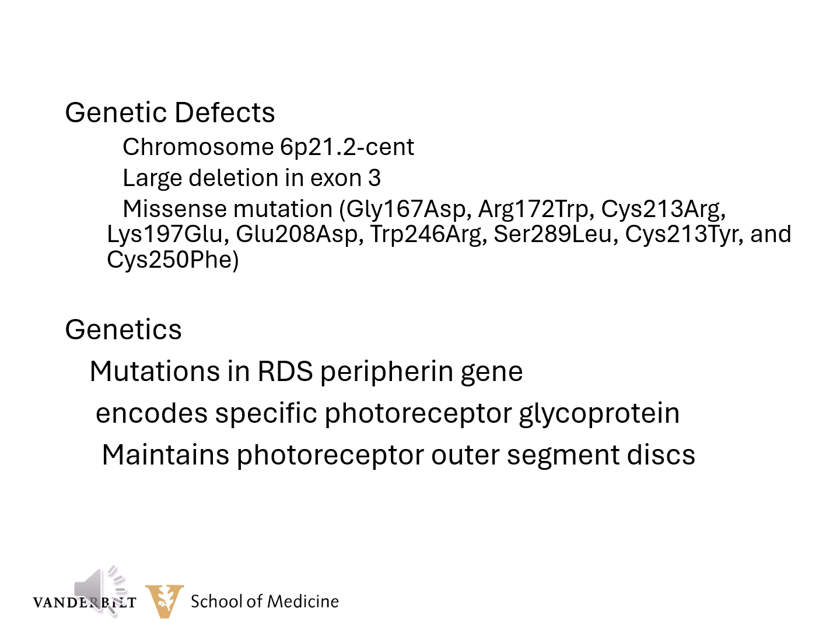It is in the RDS peripherin gene, which encodes specific photoreceptor glycoproteins, and these maintain the photoreceptor outer segment discs. With the missense mutation, these glycoproteins can now not be absorbed by the lysosomes and phagocytized very well, and this leads to an abnormal buildup between the photoreceptors and the RPE, and that's one of the basic problems with the pattern dystrophy.